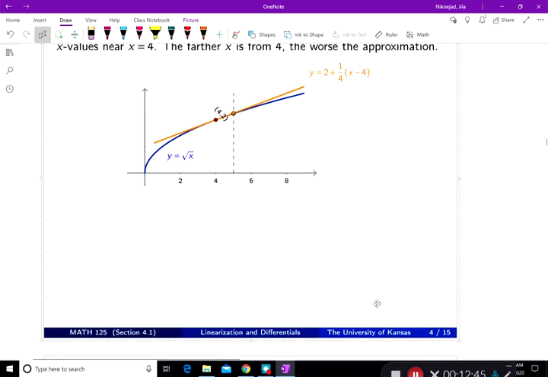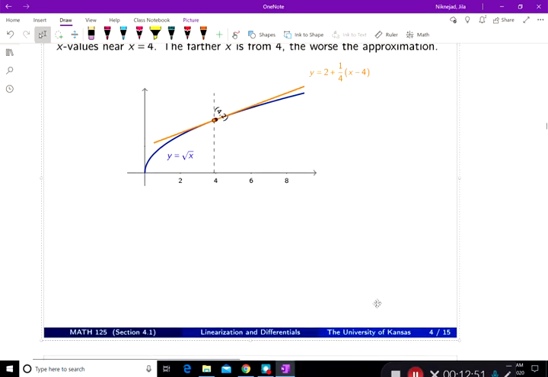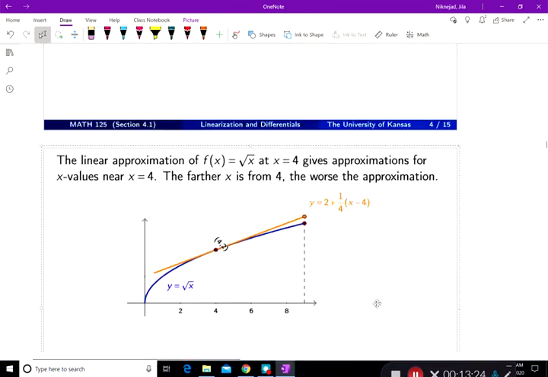It's actually what we realized. When you're very close to 4, it's very difficult. Right there, for example, it's very difficult to see any difference, and we saw that easily because the error that we found in the previous page was 0.0001 or 0.0002, and so it's becoming very, very small and difficult to see.